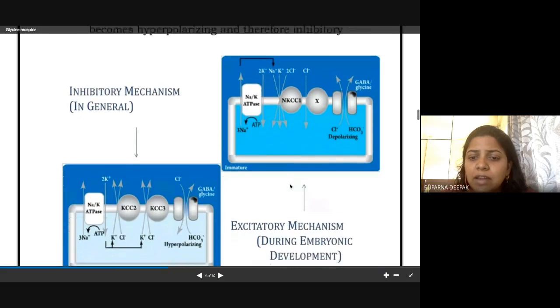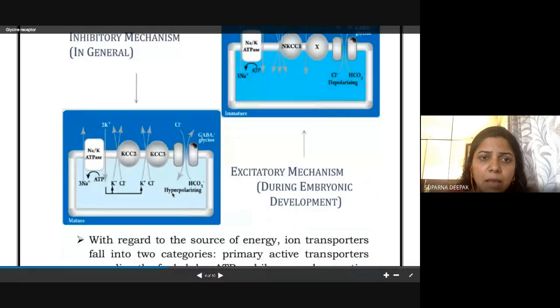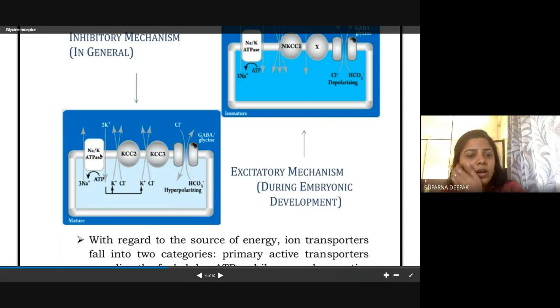Let us understand what happens during this. This is your inhibitory mechanism in general. You can see over here that because of the sodium potassium ATPases, the concentration of potassium ions is always kept more inside, and sodium ions more outside.